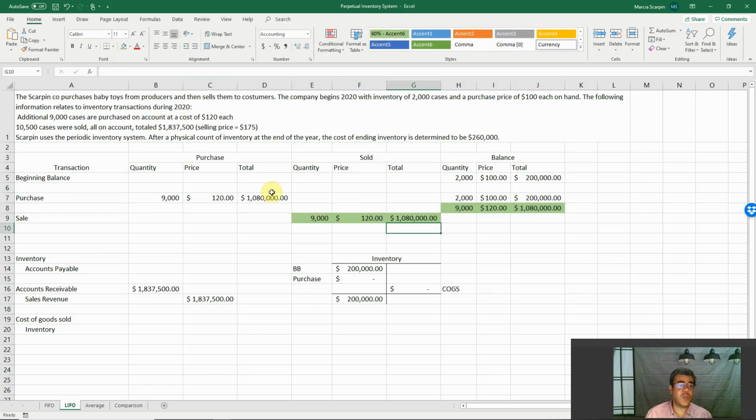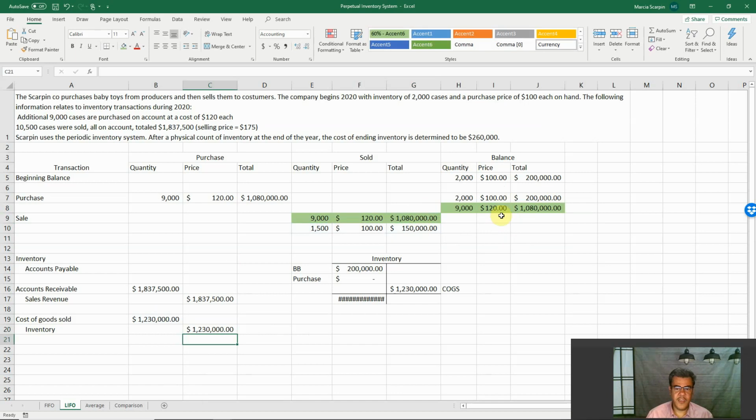How much do we need? 10.5 less 9,000, 1,500. How much? 100 equals 1,500 times $100. So $150,000. How much will be our cost of goods sold? The sum of it.